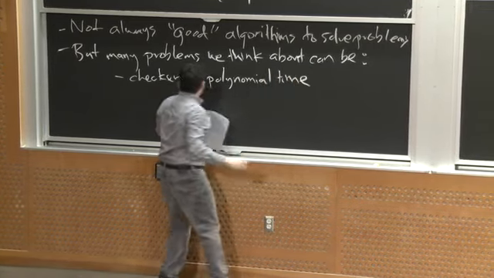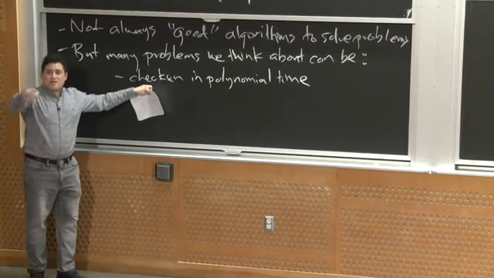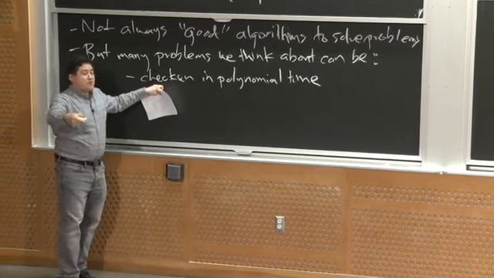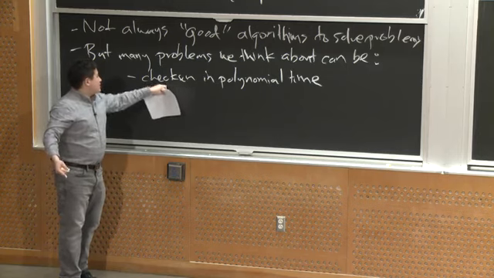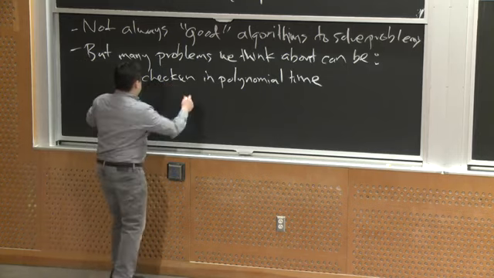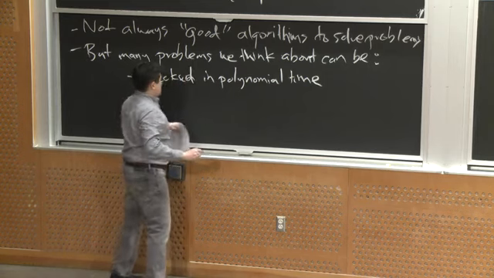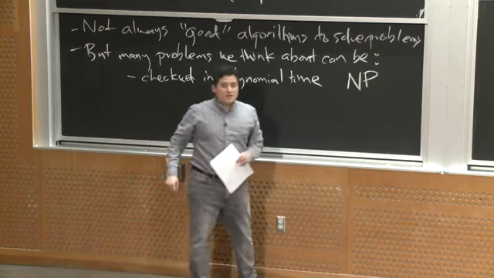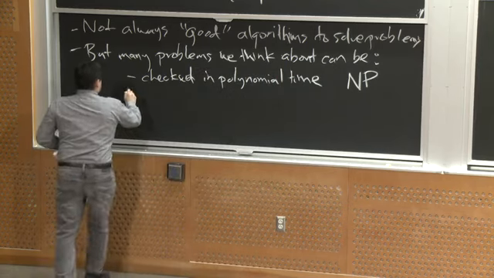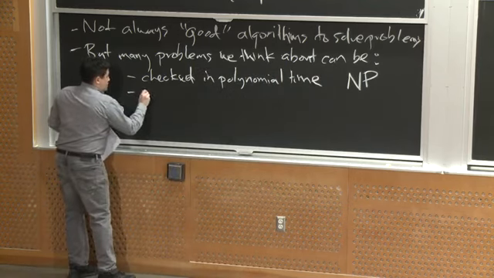This is the concept of having a certificate that I could give you of polynomial size that could be checked in polynomial time, right? In a sense, that's a way to define the class of decision problems NP.